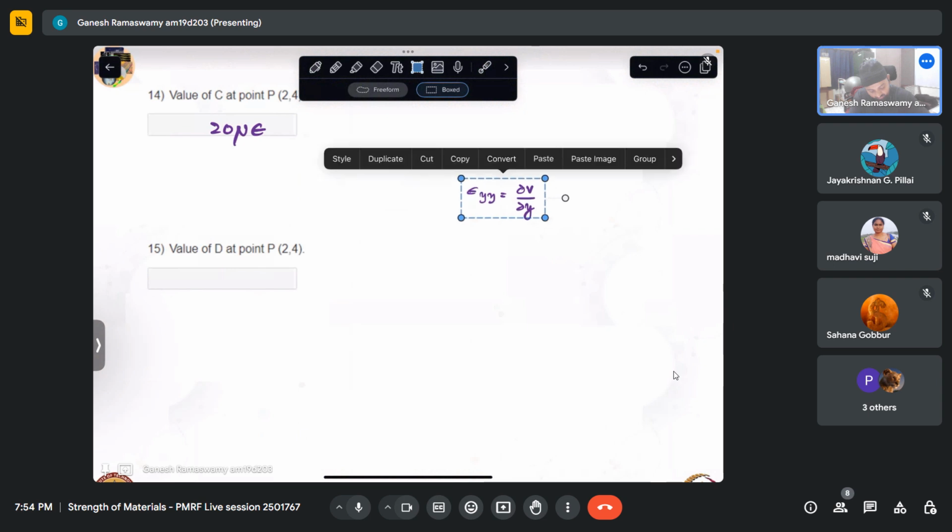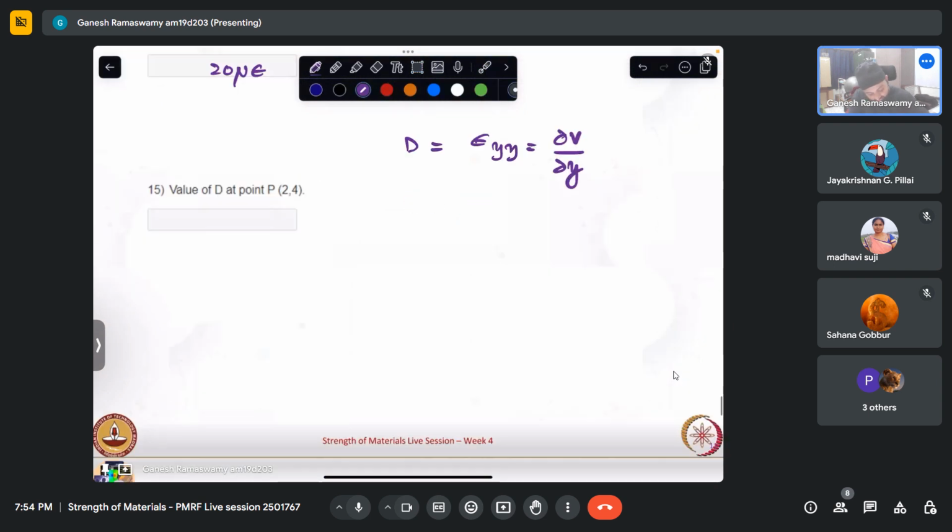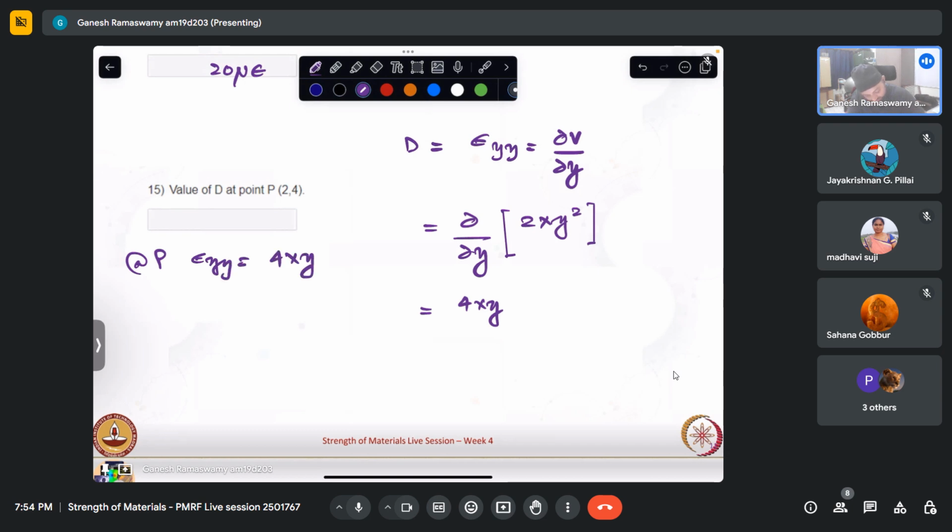D is dou by dou y of V, which was 2x y squared, I think. So this leaves us with 4xy. So at point P, epsilon yy is 4xy, which is 4 into 2 into 4, which is 32 microstrain.